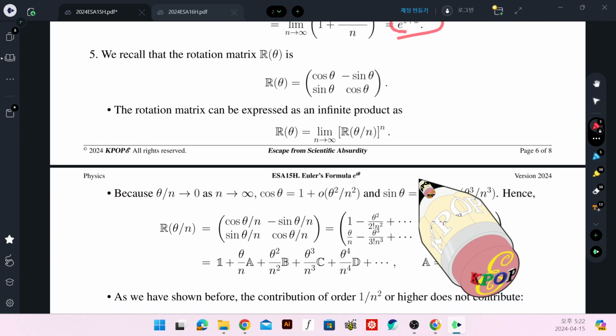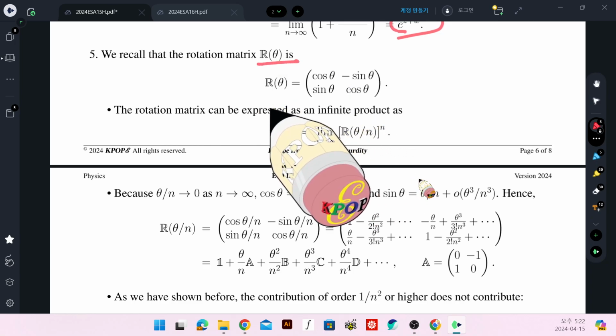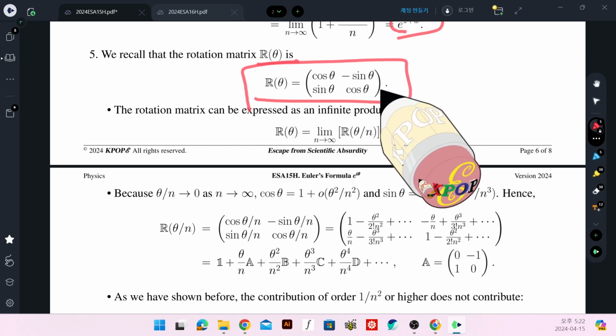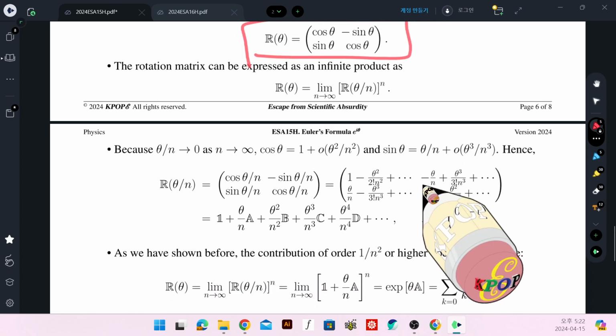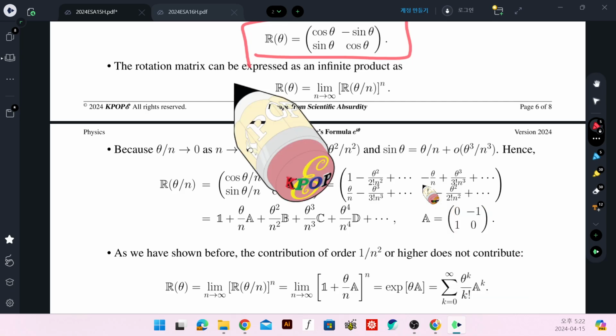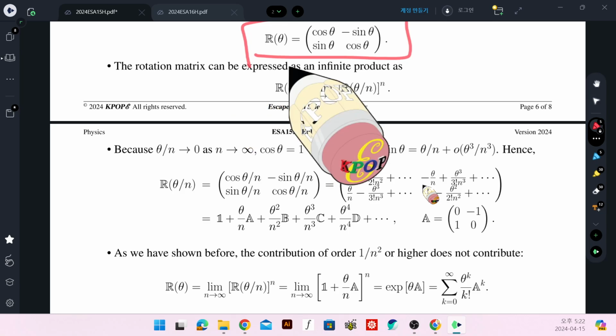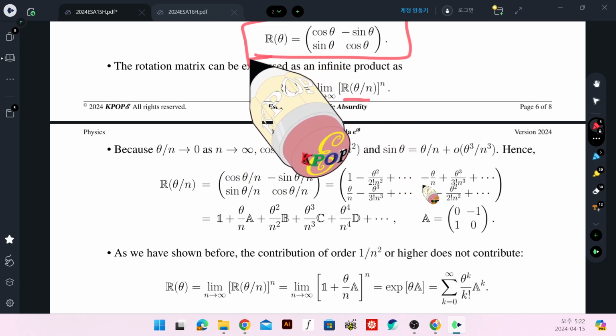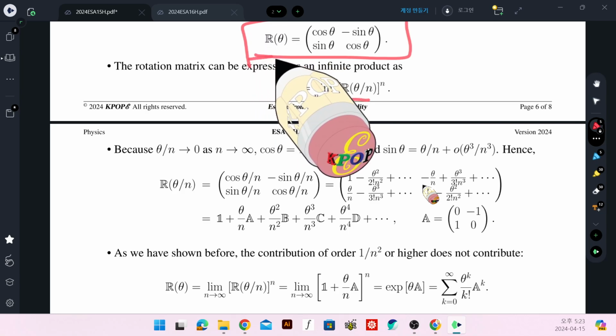We recall that the rotation matrix on the two-dimensional plane is cosine, sine, minus sine, cosine. And if we keep the axis of rotation invariant, the rotations are commutative, and we can repeat the same rotation n times.